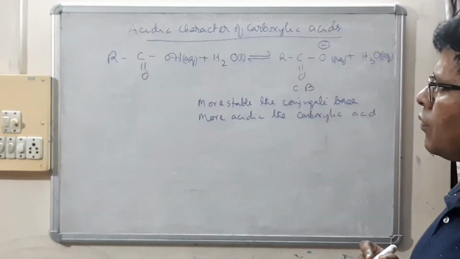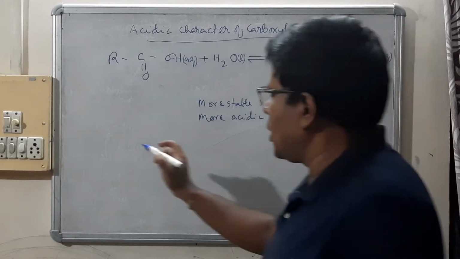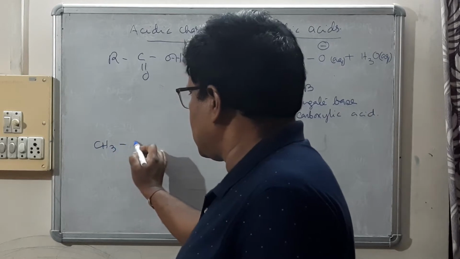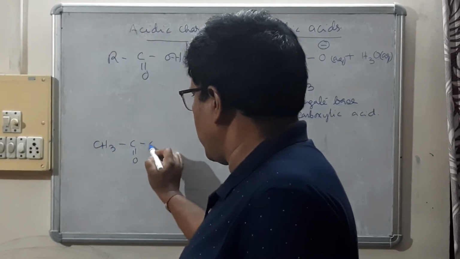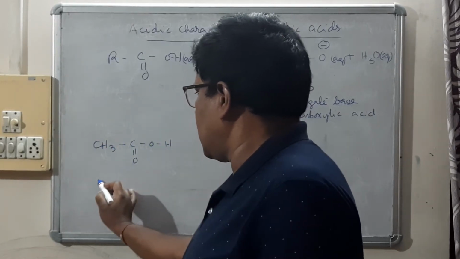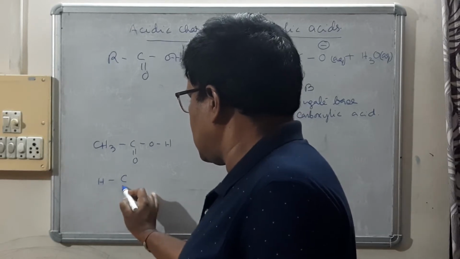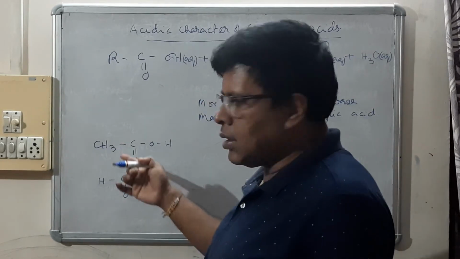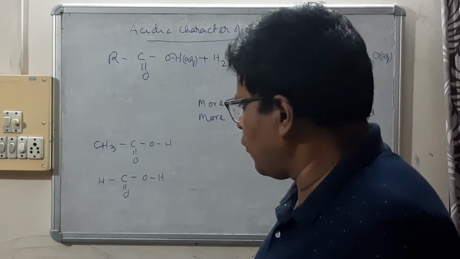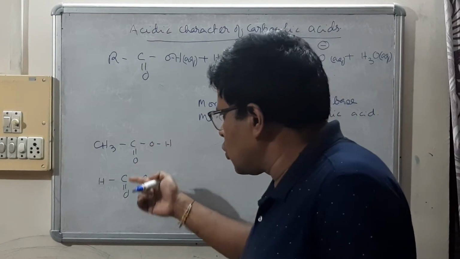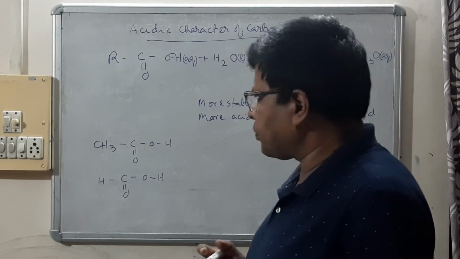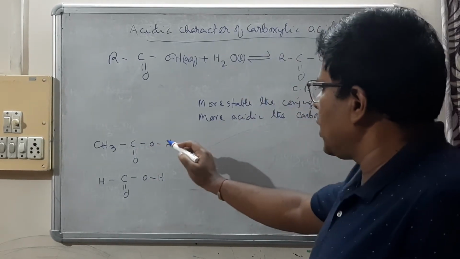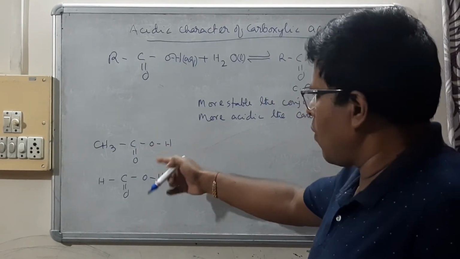So let us take as an example, say we have two acids, one is CH3C double bond OH, and another is HC double bond OH. This is acetic acid, this is formic acid. So which of the two is more stable? We will take the conjugate base of them.